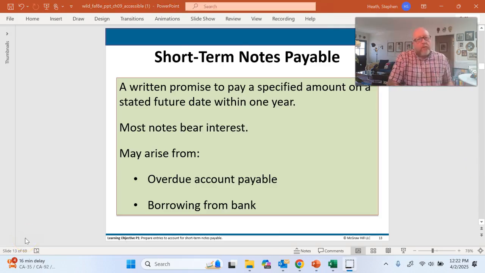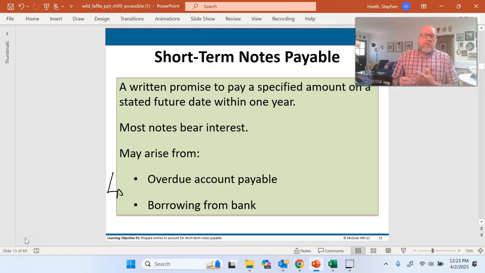Okay, notes payable. Short-term notes payable could really come of two things. The most common is probably going to be borrowing money from a bank. But we could also create notes payable if we purchased products and services from a vendor and we initially created an accounts payable, and for whatever reason we couldn't make that payment on time.